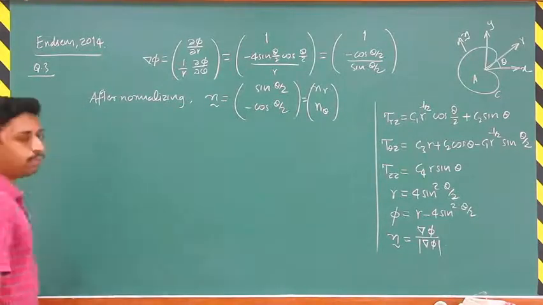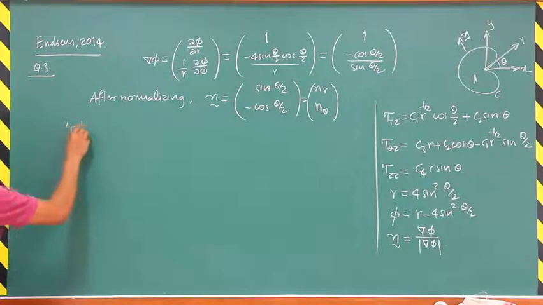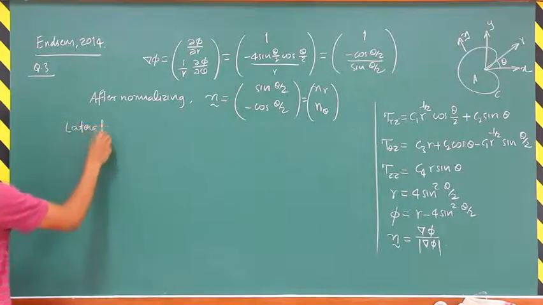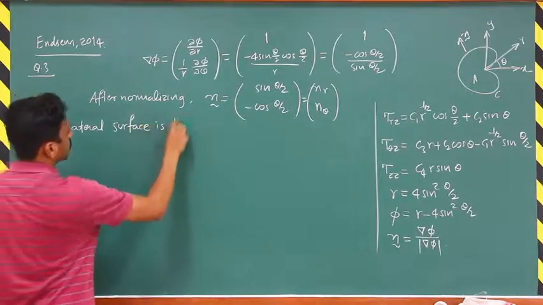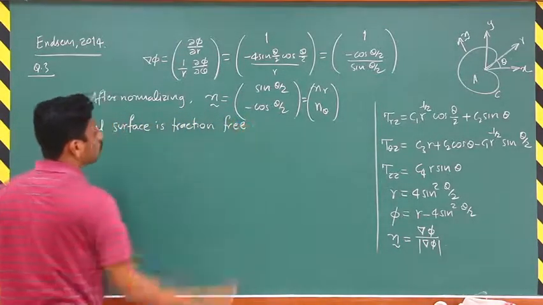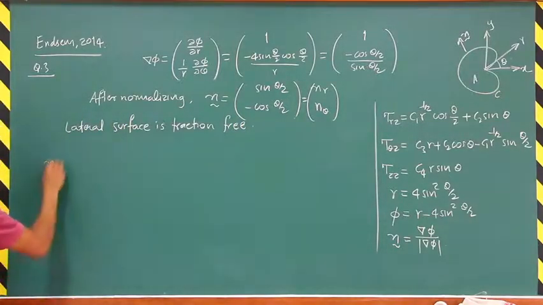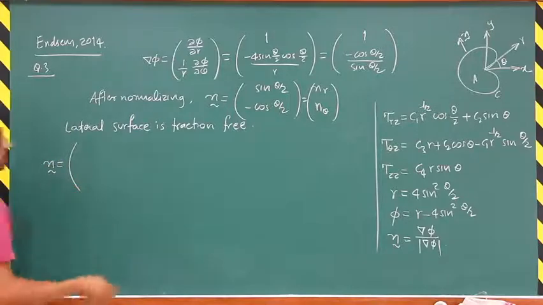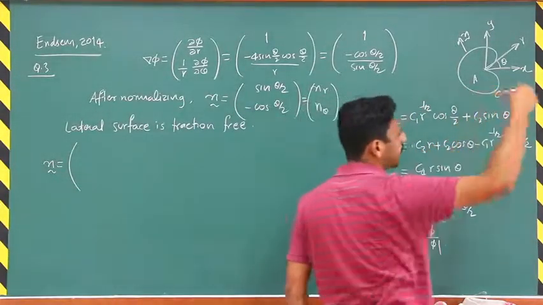Now we make use of boundary conditions. We know the lateral surface of this particular beam is traction free. So let's first find the normal to the lateral surface. The lateral surface is just like an extension of this cross section in the z direction.